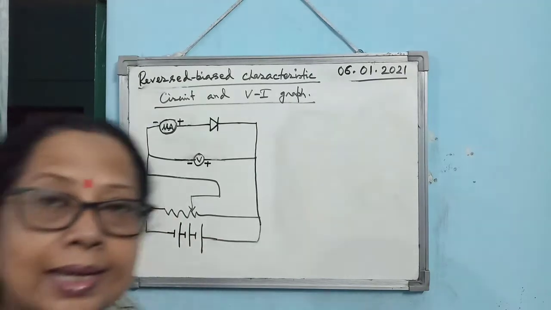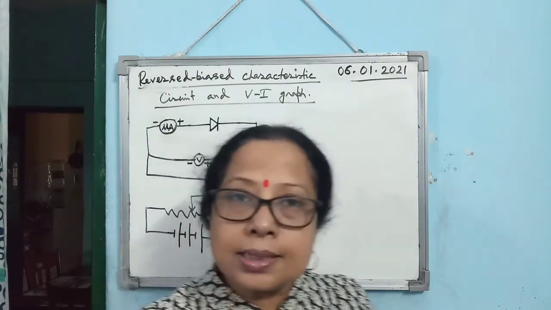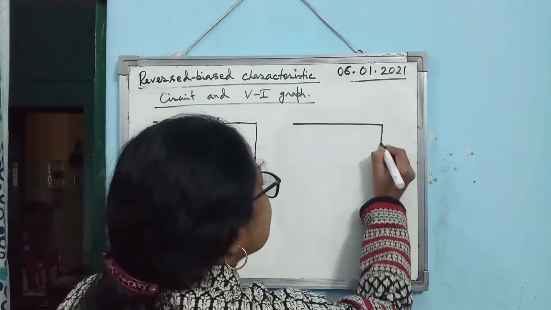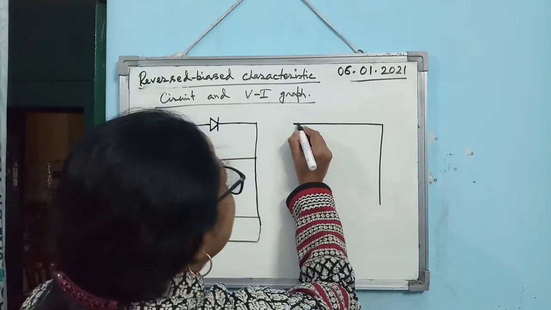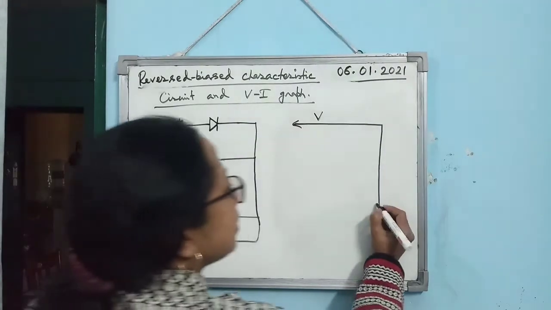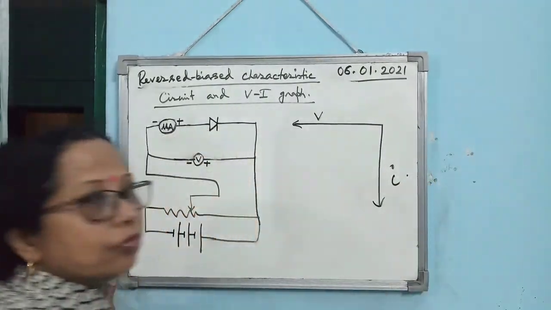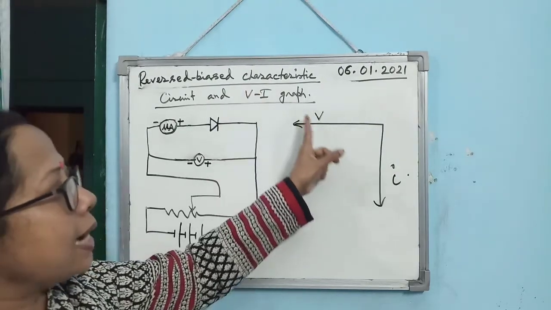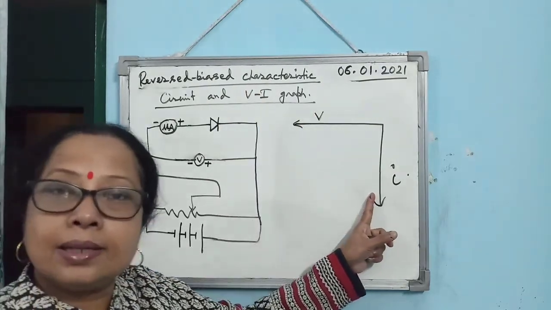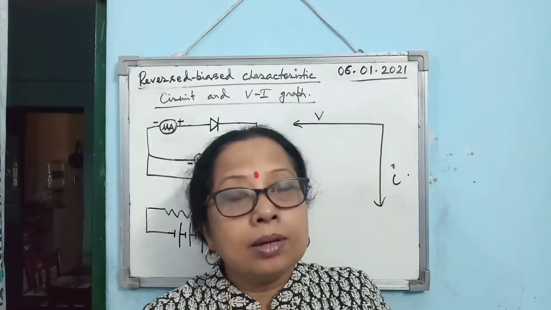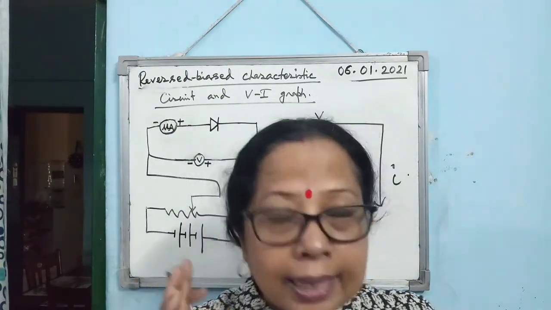Current also we will get in the opposite direction, isn't it? So, if you consider the reverse bias characteristics graph, then potential is negative, current is also negative. Is that clear? So, that's why the reverse bias characteristics graph we get in the third quadrant. I hope you can remember, in the third quadrant, both x and y are negative.